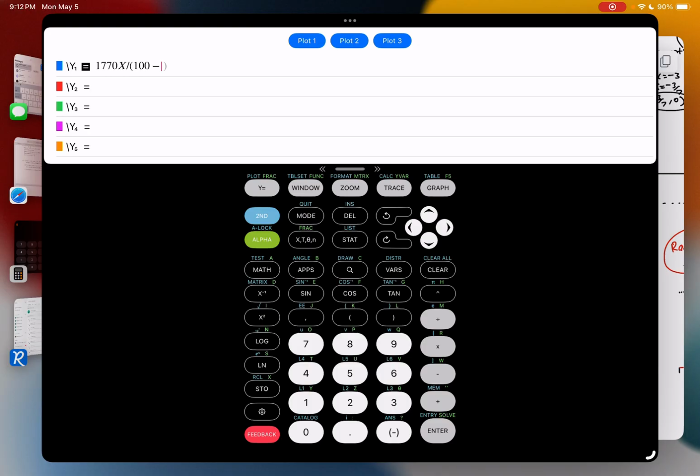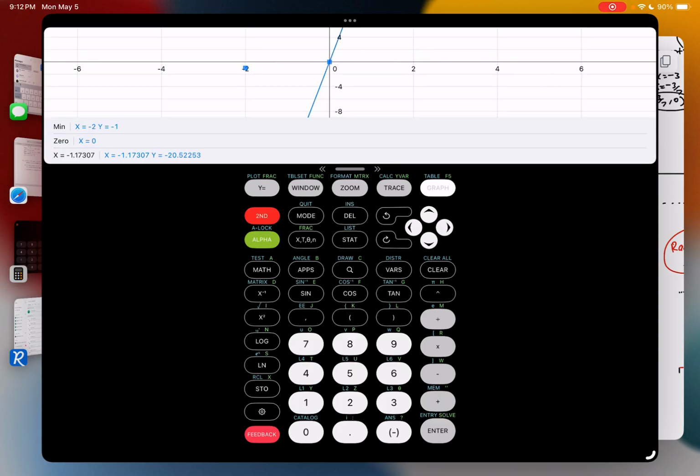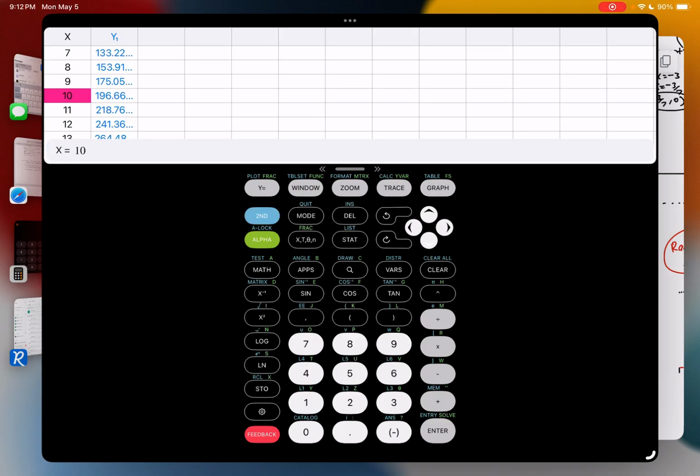Unless you use alpha x, then you don't have to put the denominator in parentheses. Then you could go to the table and go down until you get to 25%. There's your 590. And then you could go down to 95%.